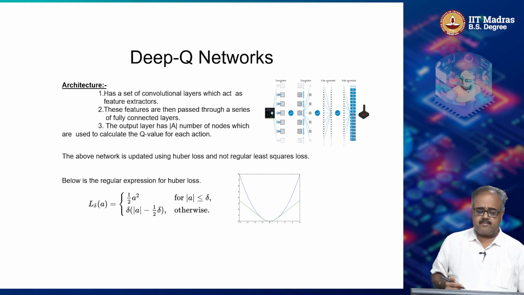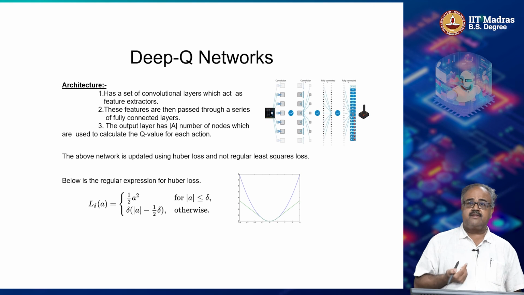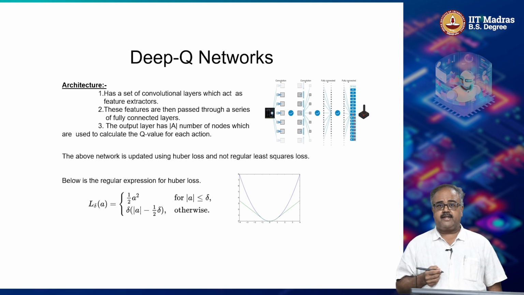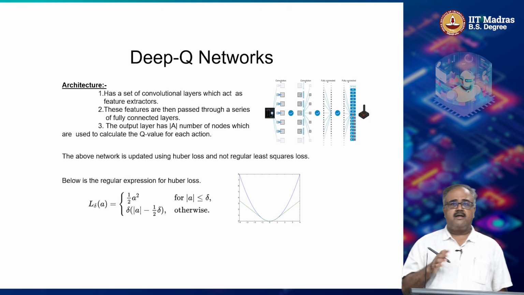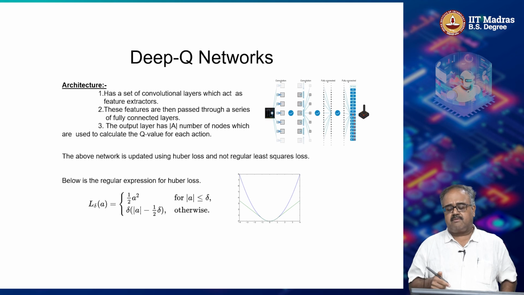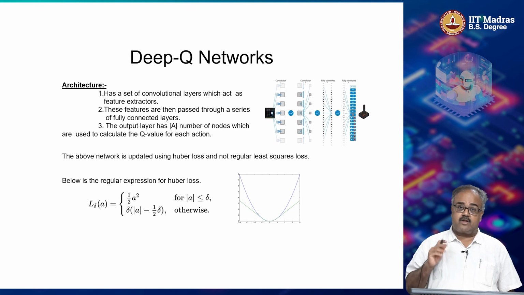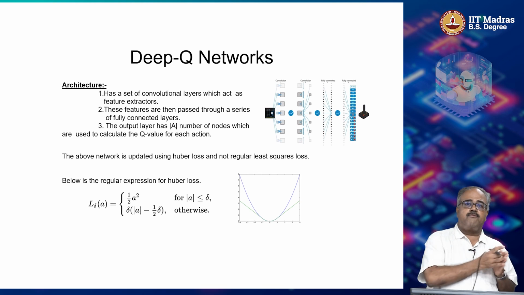Just to summarize what happens with DQN, we have a set of convolutional layers. The original paper had 2 convolutional layers followed by 2 fully connected layers, and later versions have 3 convolutional layers, and some of the later versions have gone crazy. Some later architectures also have an LSTM layer after or before the convolutional layer.